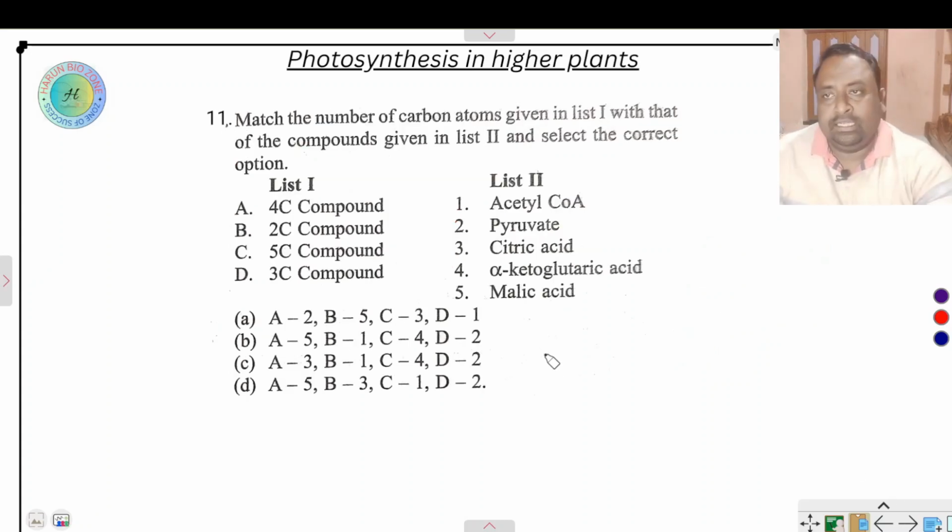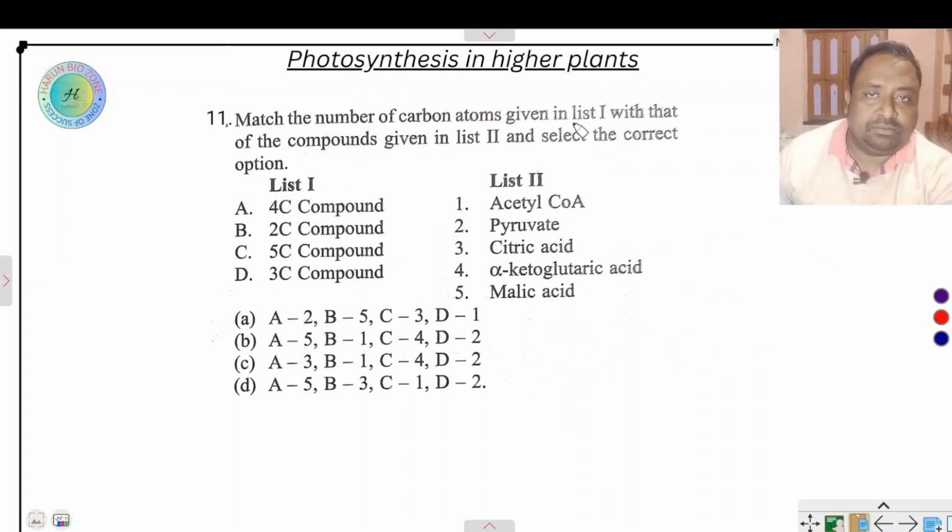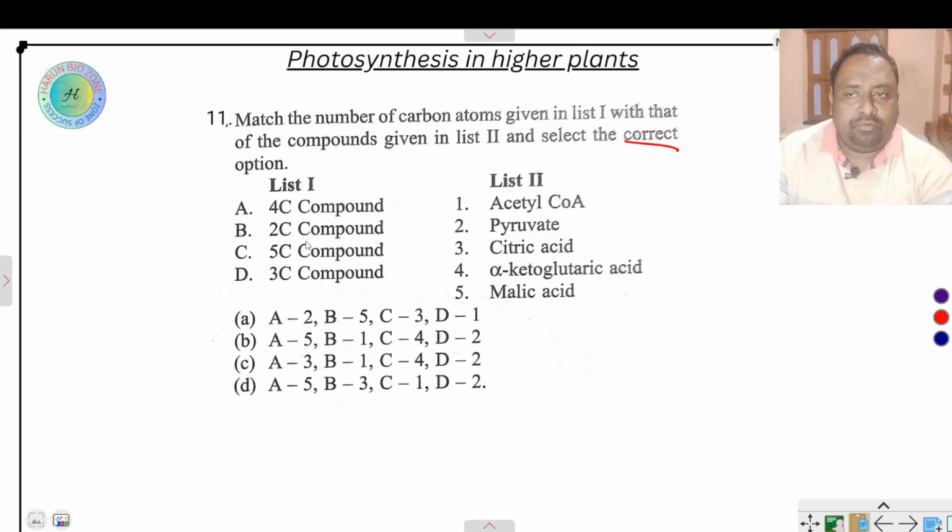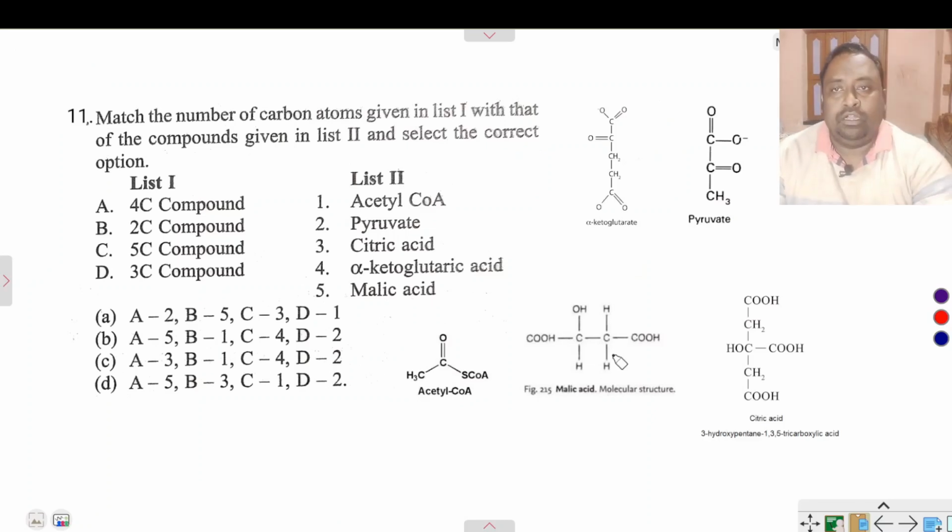Next question is, match the number of carbon atoms given in list 1 with that of compound given in list 2 and select the correct option. 4 carbon compound, 2 carbon compound, 5 carbon compound and 3 carbon compound. Let me explain this question with proper diagram. First, here alpha ketoglutaric acid.